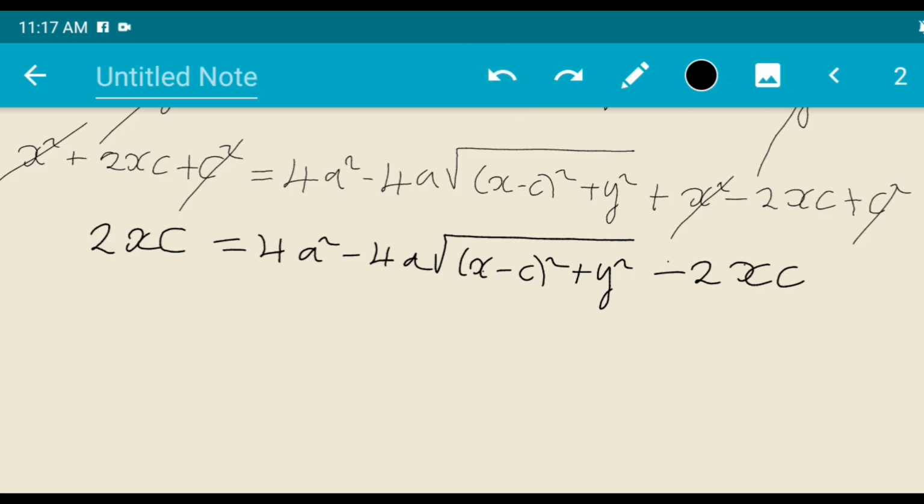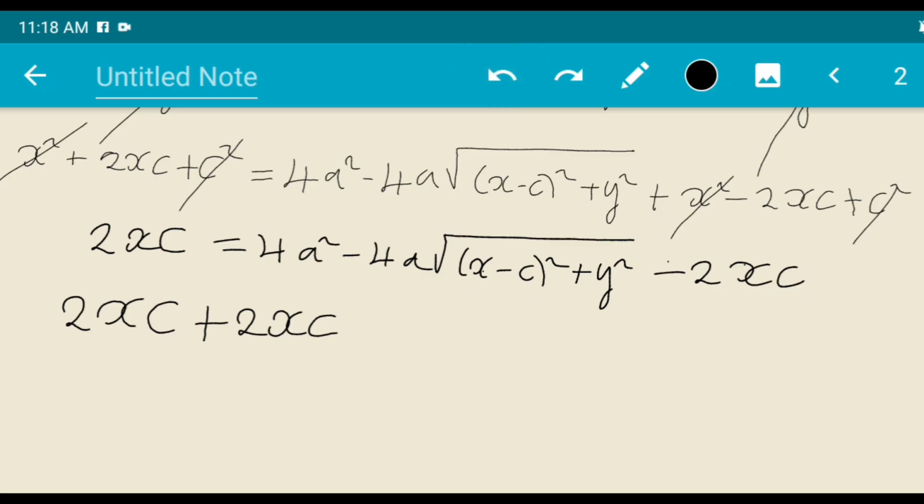So let's take everything else, everything except this, to the other side. So let's start with this. When you take it to the other side, it is going to be 2xc plus 2xc. Okay, should be equal to, this here is 4a squared. Oh, we're taking that as well. So we're taking it to the other side.